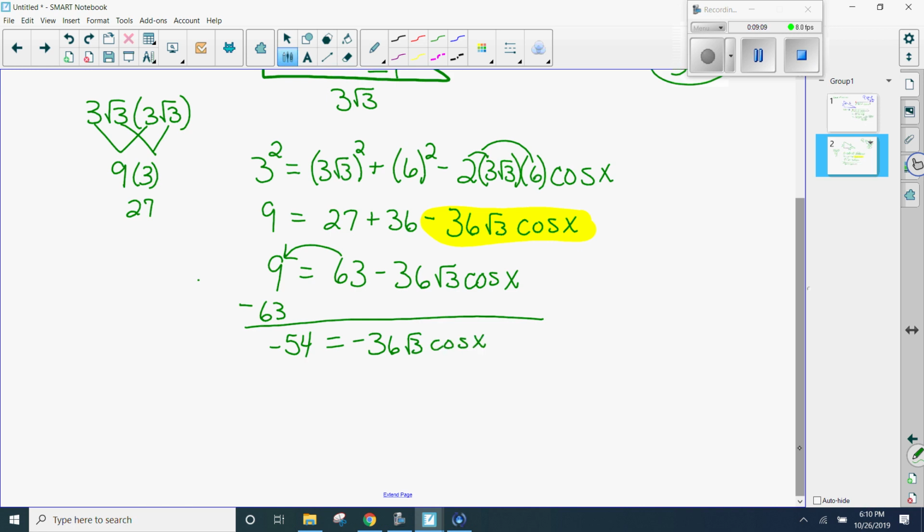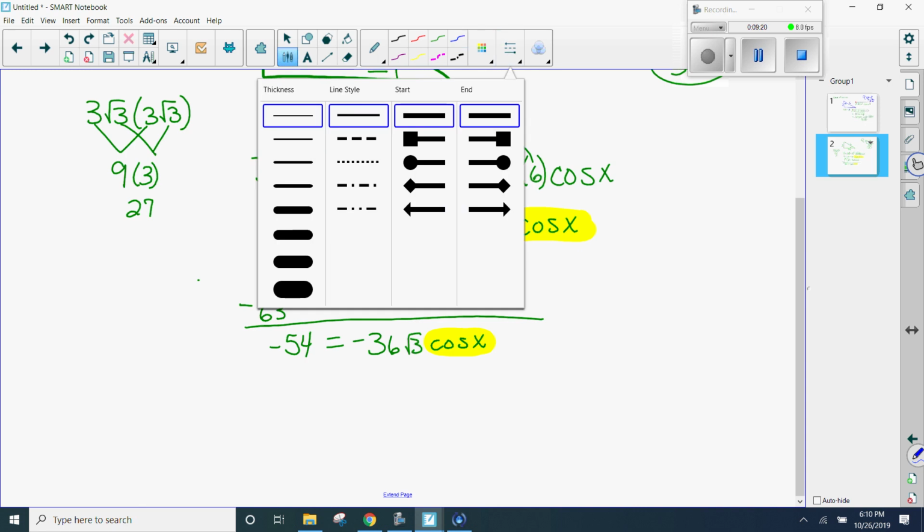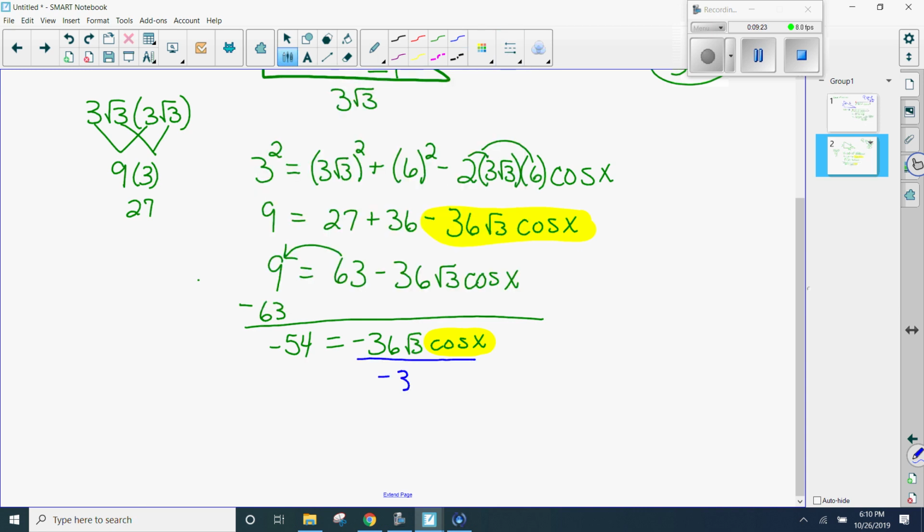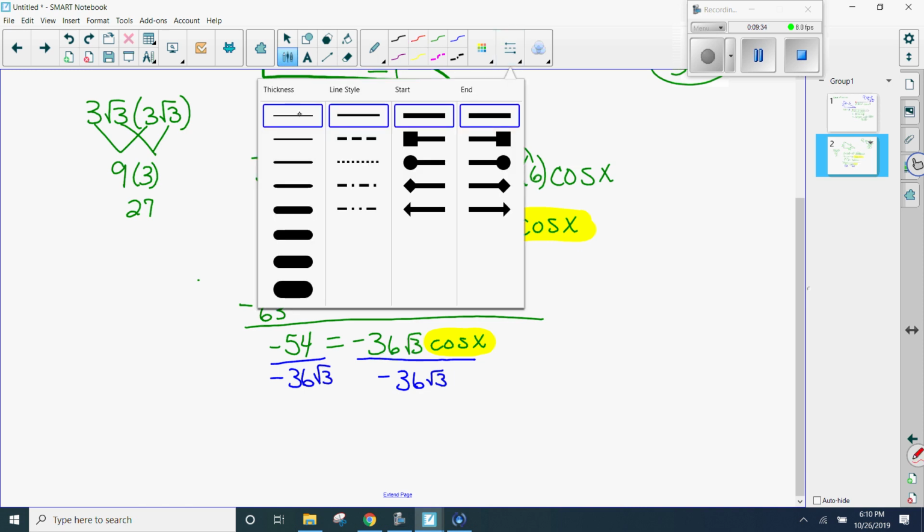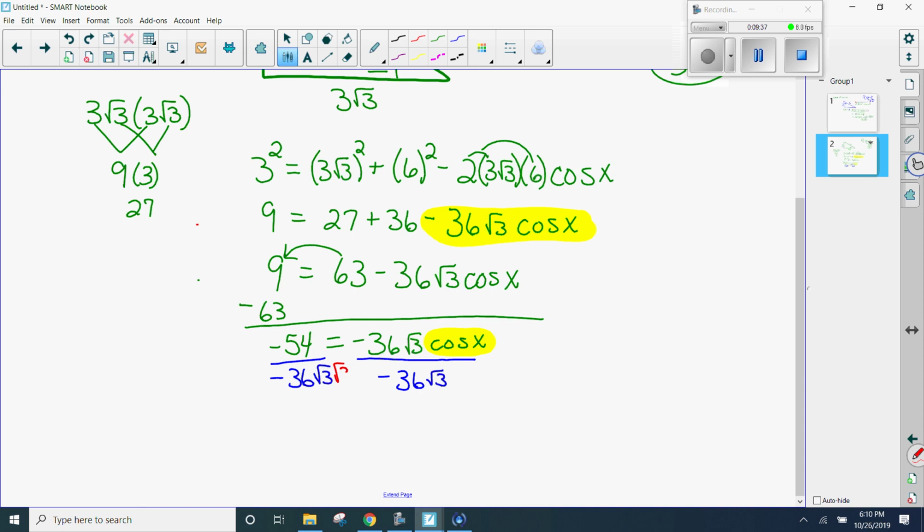I've isolated that cosine term now, but I want to solve for x. So I want to isolate the cosine of x. To do that, we need to divide by negative 36 radical 3. I am going to rationalize that denominator, so I'm going to multiply by radical 3. A negative over a negative is a positive.